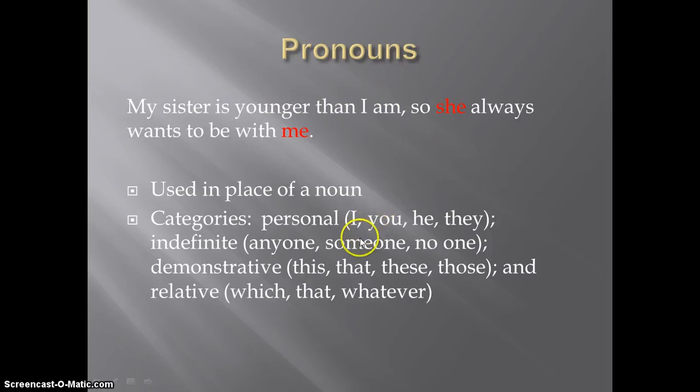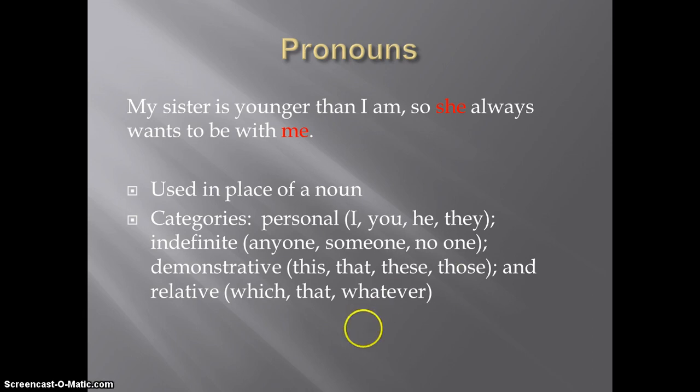All right, so the different categories you have are personal, indefinite, demonstrative, and relative. I don't care if you know the categories or not. Don't get hung up on the tiny, tiny details of this stuff. If you know it's a pronoun, that's good enough for me. You know that those is relatively general. So instead of saying the apples are on the counter, whatever, it still works.